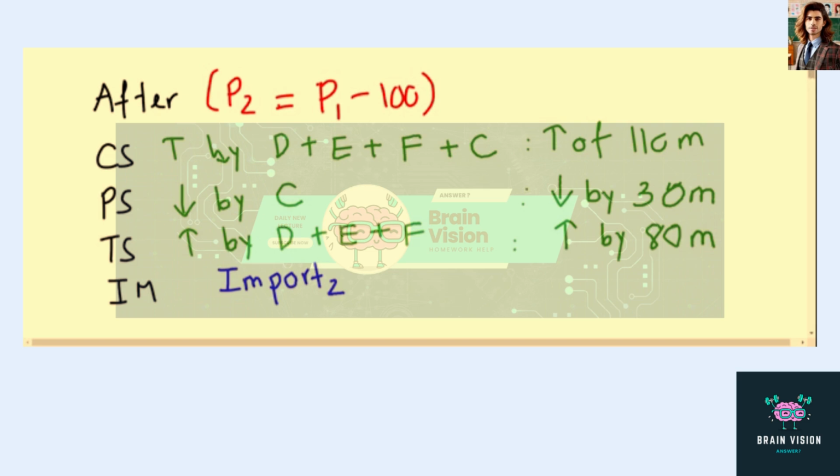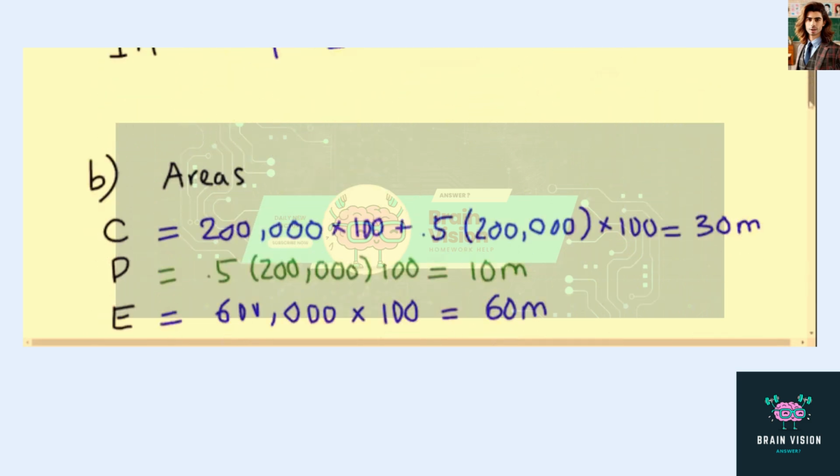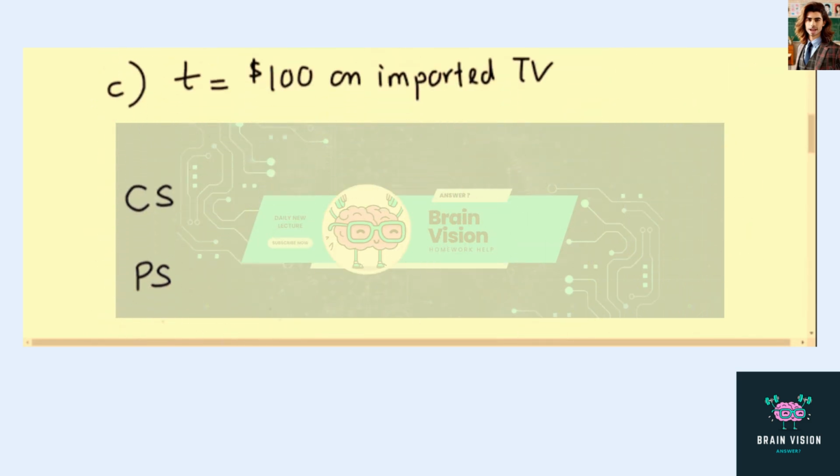That is part B, and for part C, if the government placed a 100 tariff on imported television, consumer and producer surplus would return to their initial value.